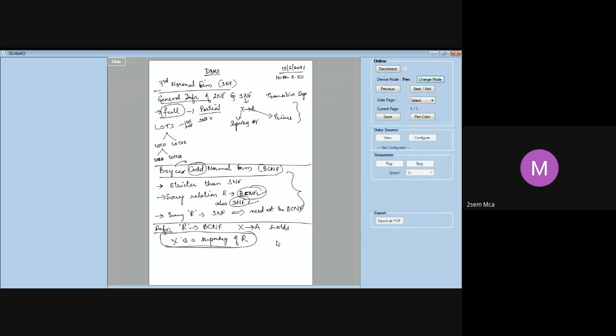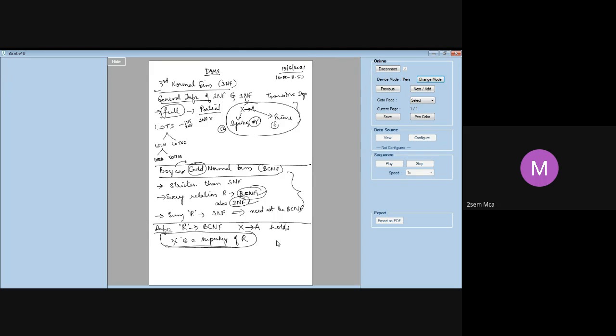What was the general definition of 3NF that we stated? We said that if X determines A is a functional dependency in 3NF, either X should be a super key or A should be a prime attribute. So there were two conditions in the general definition of 3NF. The first condition was X should be a super key.